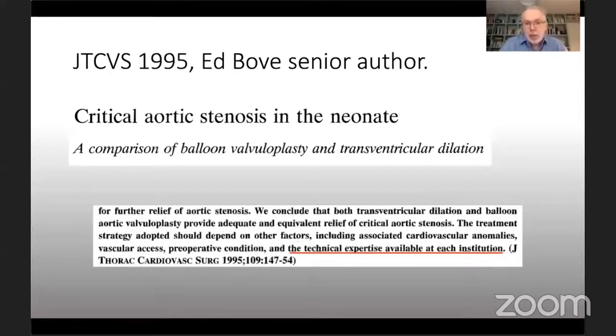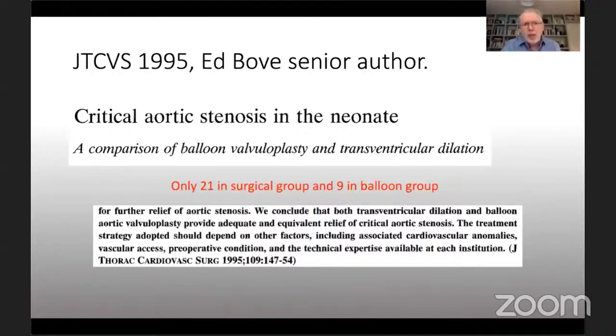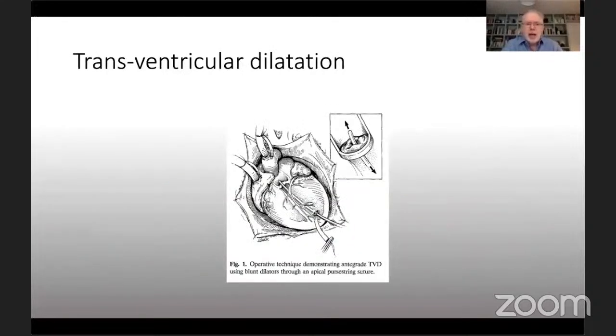And they found equivalent results acutely, and they concluded that the treatment strategy adopted should depend on other factors, including associated cardiovascular anomalies, vascular access, preoperative condition, and the technical expertise available at each institution. And this probably is still the case today. I'd also like to say that in this group, there were only 30 neonates, 21 surgical and 9 in the balloon group, and therefore comparison is more difficult.